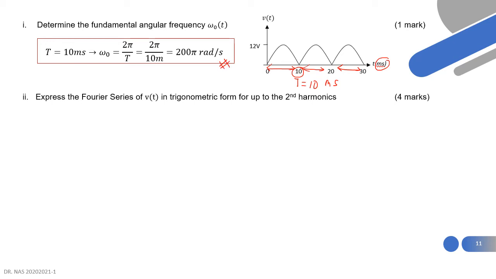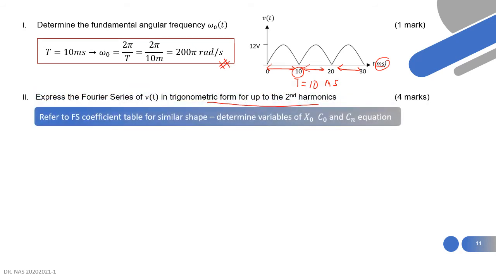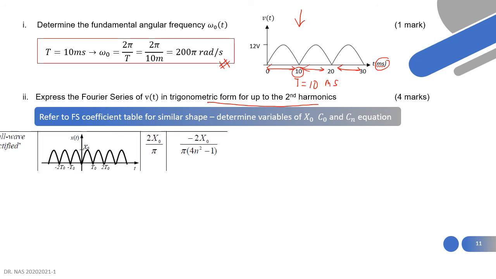The second question, you need to represent the Fourier series of Vt in trigonometric form for up to second harmonics. Remember, you need to consider both the positive and negative values of n. So for the given signal, to get the equation, you need to compare the given signal with the signal in the Fourier series coefficients table.